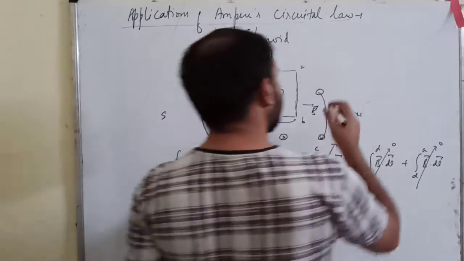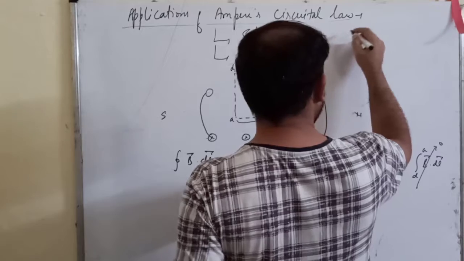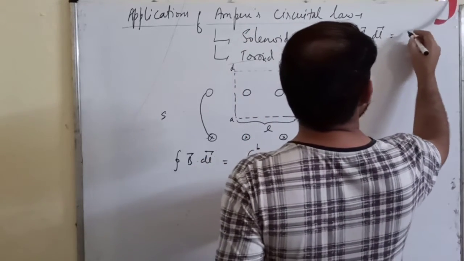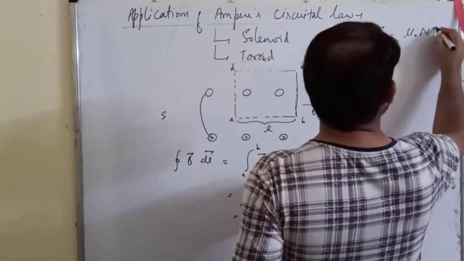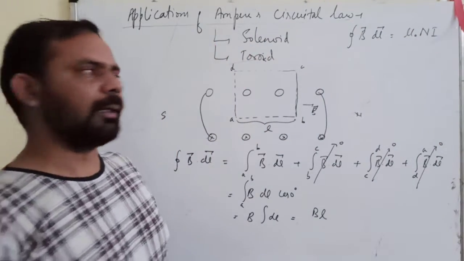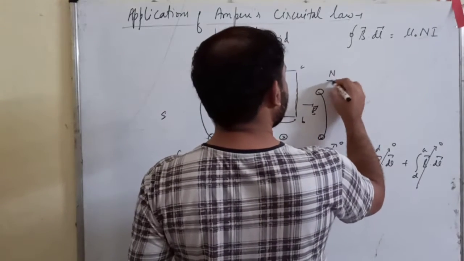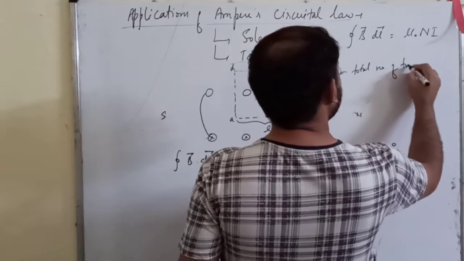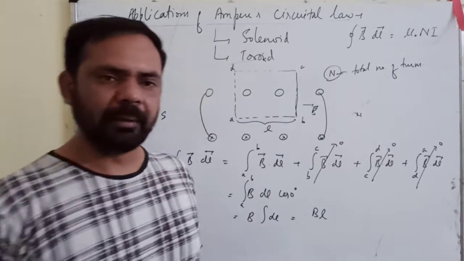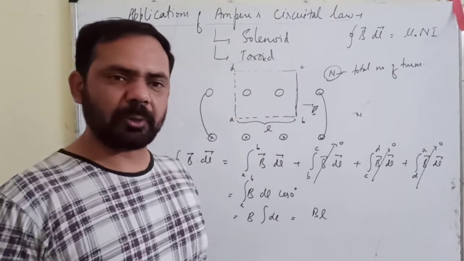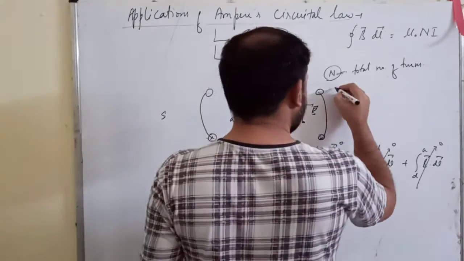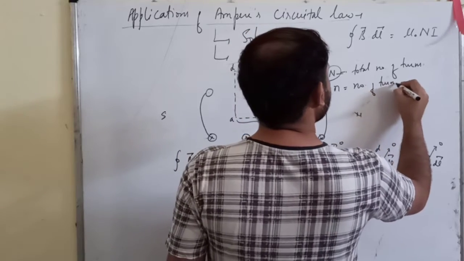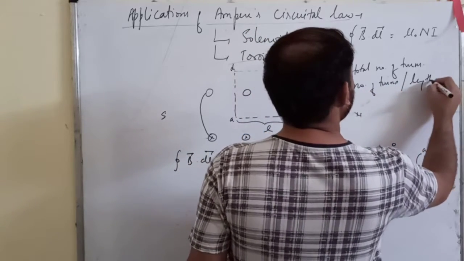Now according to Ampere's circuital law, B vector dot dl vector is equal to mu naught times the total current threading through the coil. Now suppose the coil has capital N turns, the total number of turns, and let us suppose that small n is the number of turns per unit length.